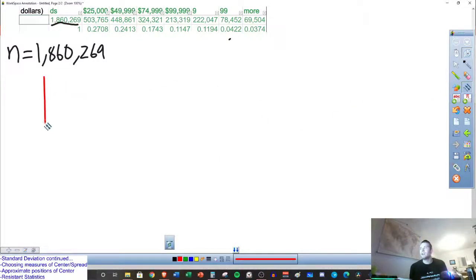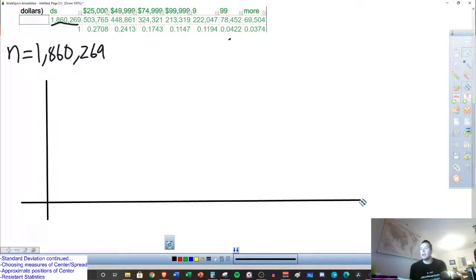So let's go ahead on your paper. I don't want red. Hold on. Black. And we are going to draw a histogram. Now we need to make 7 classes of about equal width. So I'm going to start right here. 1, 2, 3. That's not good.